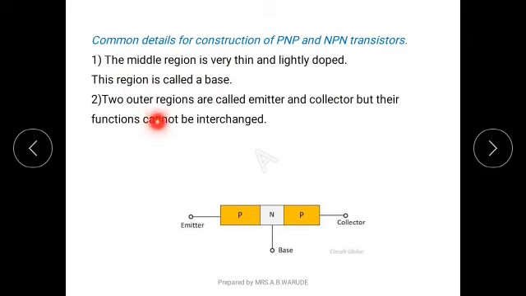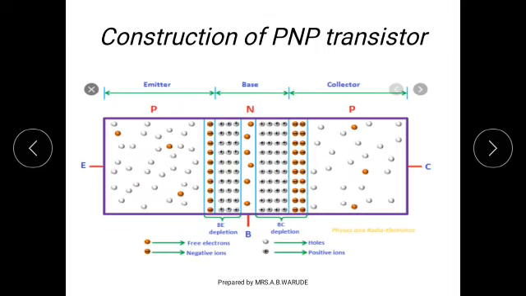Second: the two outer regions are called emitter and collector, but their functions cannot be interchanged. This is the diagram of construction of PNP transistor. Here, in between two p-type semiconductors, n-type semiconductor is sandwiched, and therefore it is called a PNP transistor. On the left hand side is the emitter, the middle is the base, and on the other side is the collector terminal.